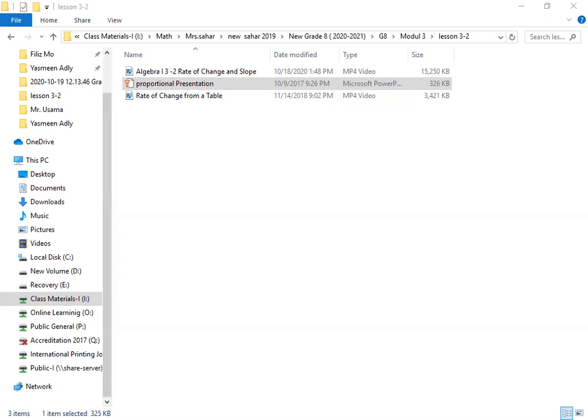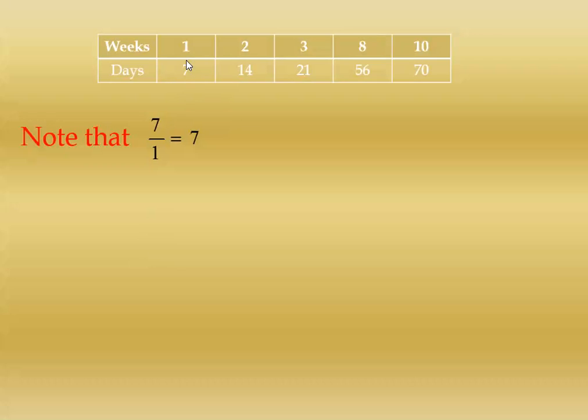How we will find the constant ratio? We will find y over x. So we can say that the first one represents x and the second one represents y. Then to prove that the table represents a proportional relationship, we have to calculate the ratio between y and x.